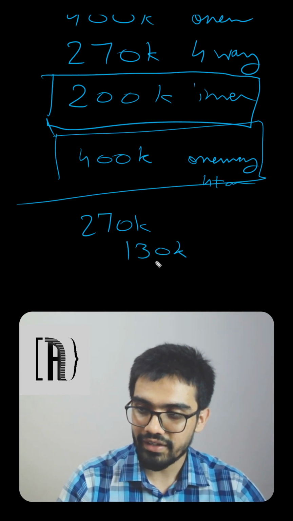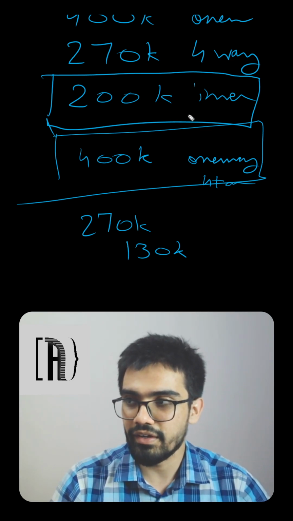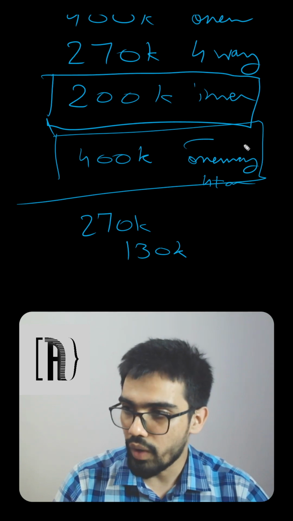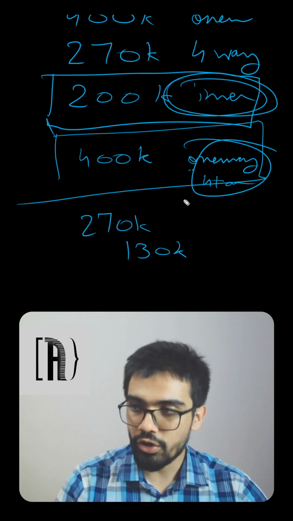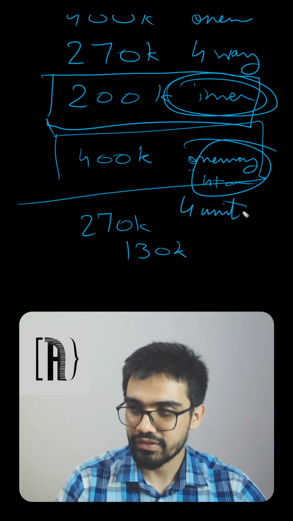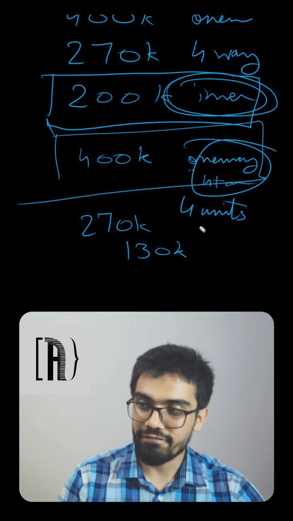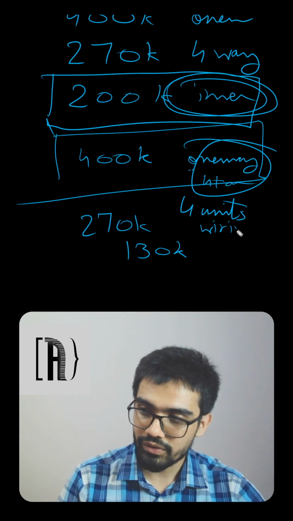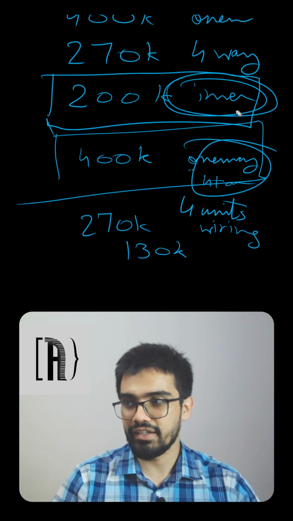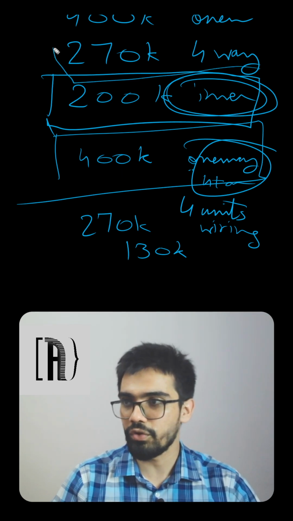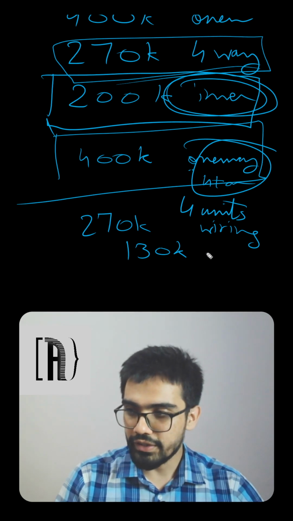And not only that, so I haven't saved 130K for the client. I've saved much more than that, because in one way and in an inverter, you need a total of 4 units, 4 pieces. So there are 4 outdoor units, which means the wiring is also 4 times. Whereas in case of the four-way, there is only 1 unit installed per floor, so only 2 units are there.